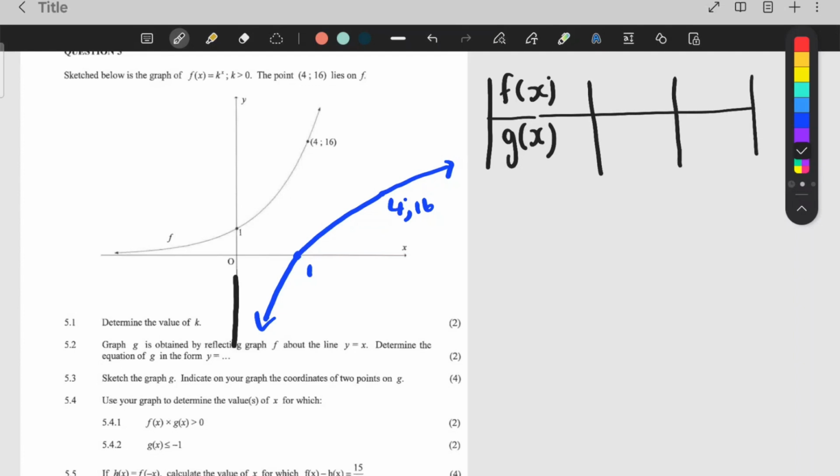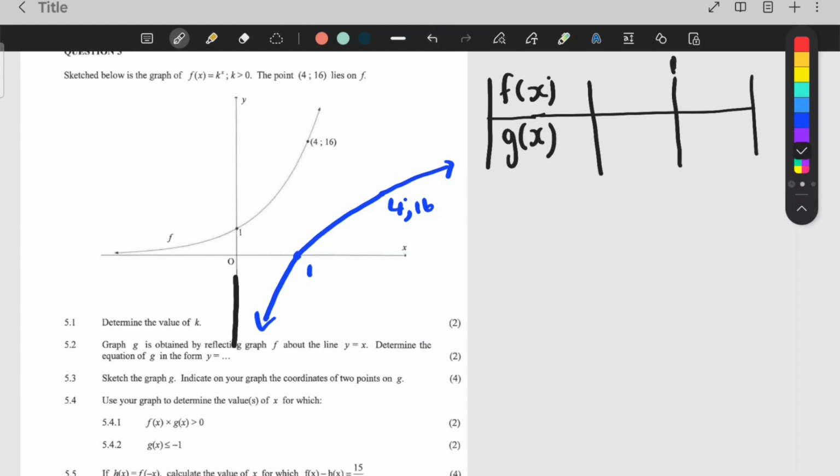When they multiply or divide the functions like this, and there's a 0, remember, you must use the x-intercepts. So f of x is this one over here. f of x doesn't have x-intercepts, but g of x has an x-intercept, so it's 1.